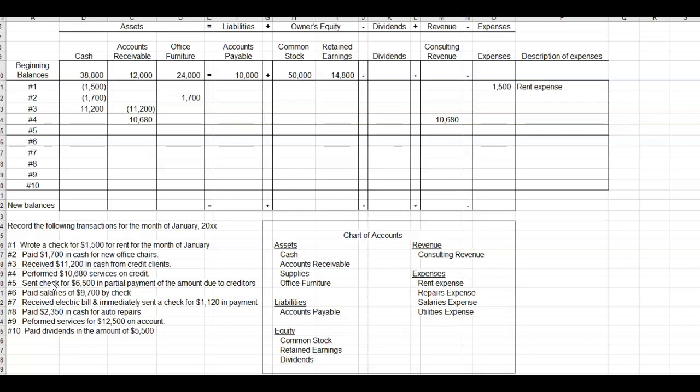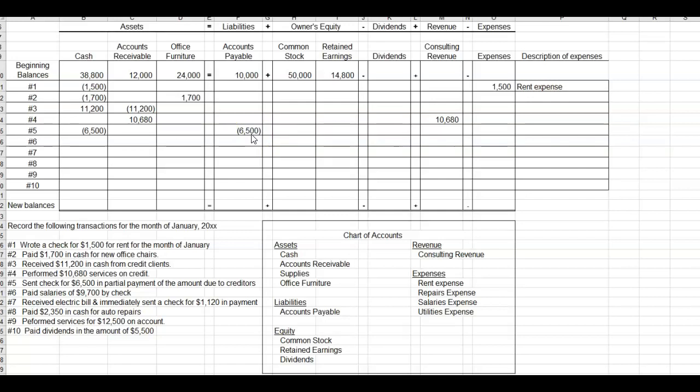We made a payment on the balance due to our creditors. Well, before this business transaction, we owed our creditors $10,000. Now we're paying part of that bill. So we're going to decrease accounts payable by $6,500. Decrease cash $6,500. Decrease accounts payable $6,500.